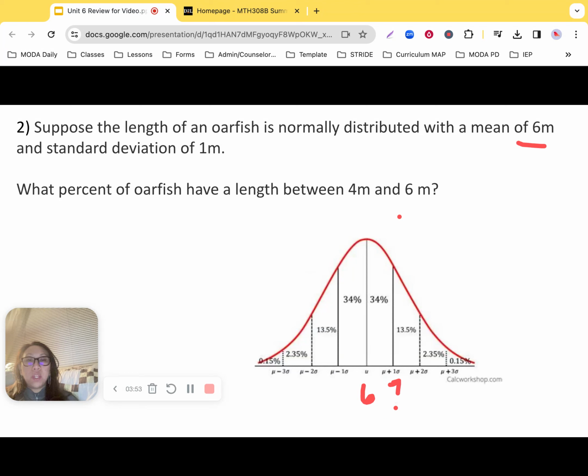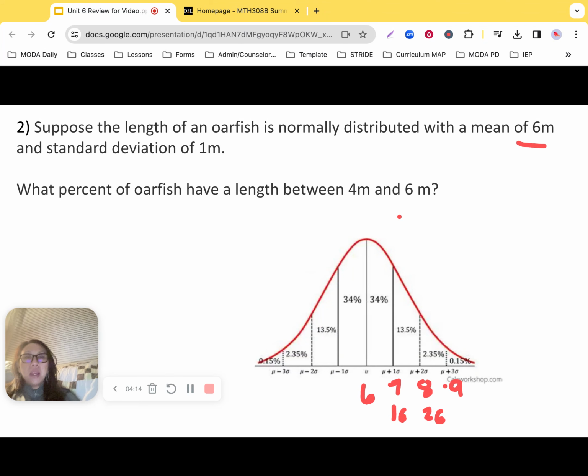For the second standard deviation, you add 2 to the mean, so that would be 8. And the third, adding 3 to the mean, would be 9.